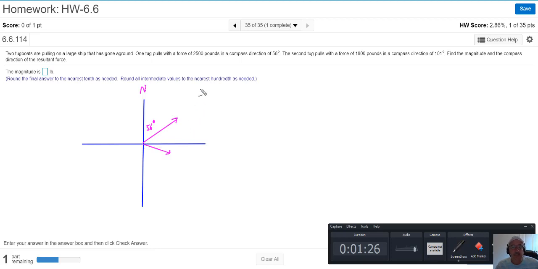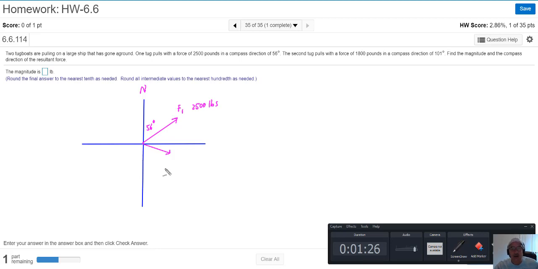So this would be 56 degrees in here. And this one's pulling at 2,500 pounds, so we'll call this one F1, 2,500 pounds of force this tugboat's exerting here. So we've got to save this tugboat that's run up off the ground here. Or, you know what I always say, when people in math make mistakes, people die. All right.